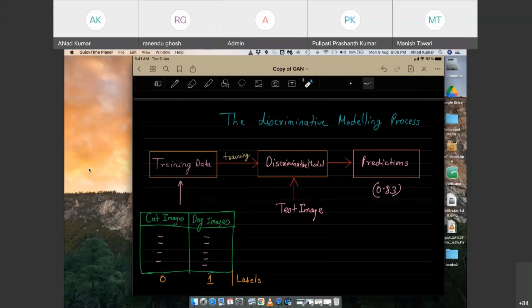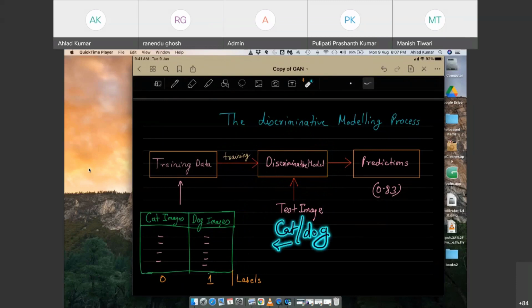You will become aware of this in the coming lectures, but this discriminative model can take various forms, for example neural networks, convolutional neural networks, and various others. So you are training this discriminative model, and once it is trained, you will take a test image which is not in this data set. That test image can be anything, like a cat or a dog.